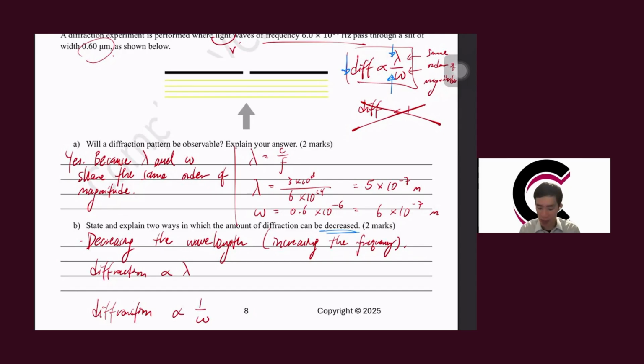So you can say increasing the gap width also decreases the degree of diffraction. You can put these together, that's one point. You can put the second point as how these two are mathematically correlated, or how these variables are correlated in a way. That's number 2.